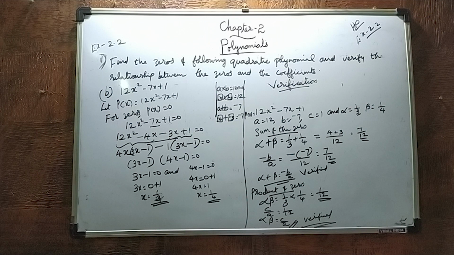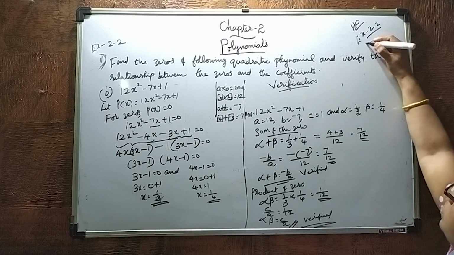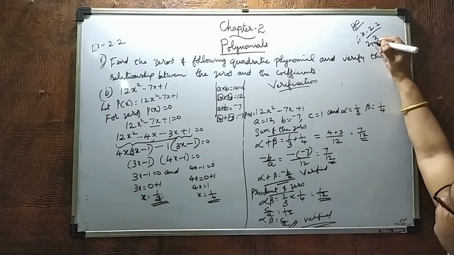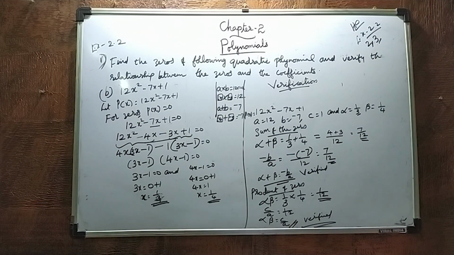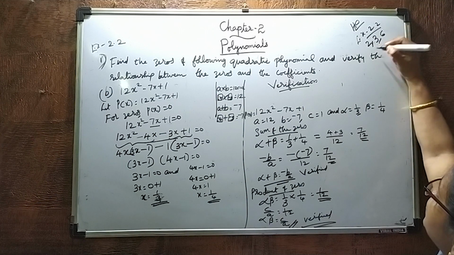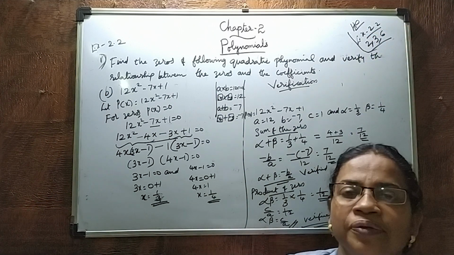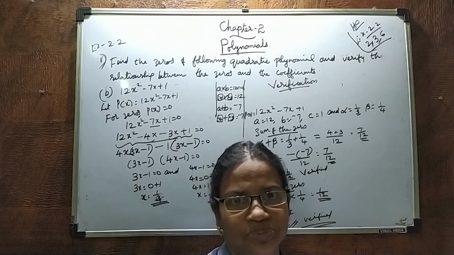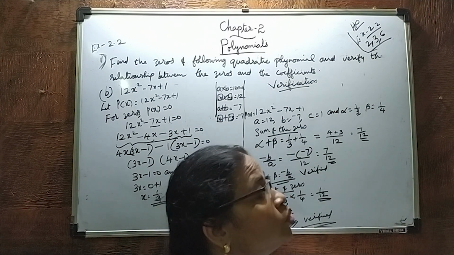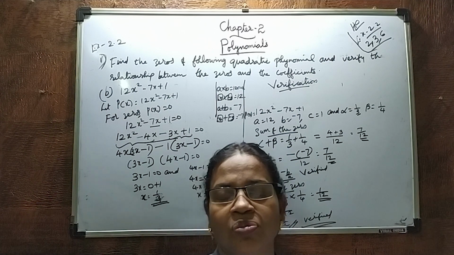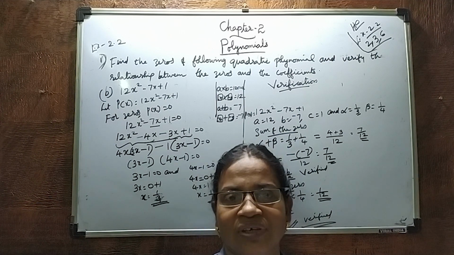It is 2, 3, then the sixth one, not the fourth one. It is the sixth one. This is the homework for you. Okay, try to do it on your own and do the homework. You have to do it properly and submit it. Thank you.